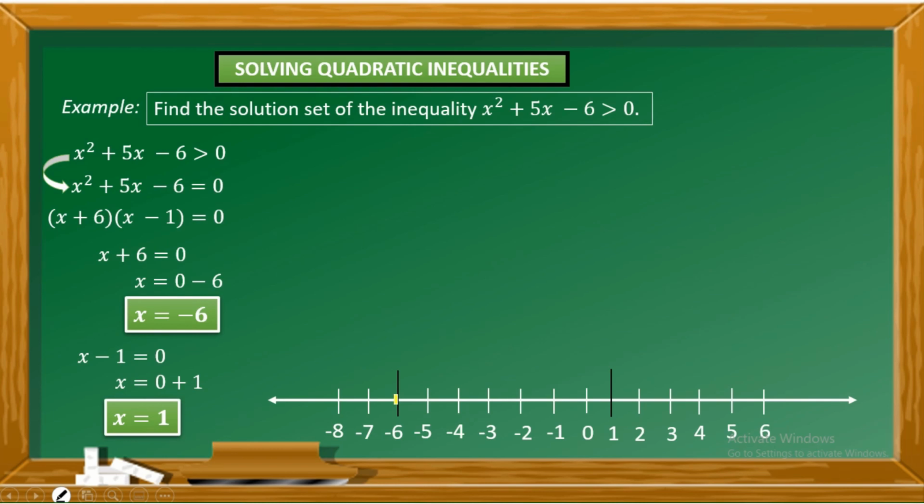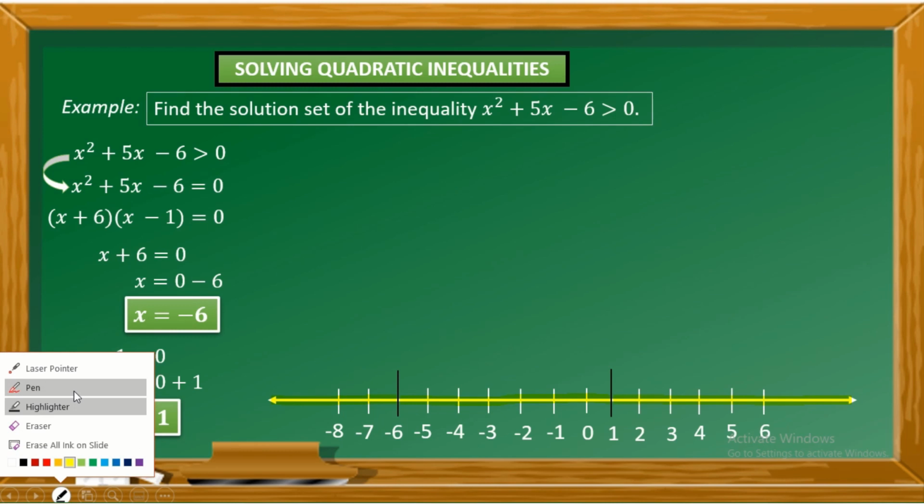This is the first part, from negative 6 going to the left up to negative infinity. The second part, the middle part, is the numbers in between negative 6 and positive 1. And the last part is from positive 1 going to the right up to positive infinity. So see those boundaries or parts.